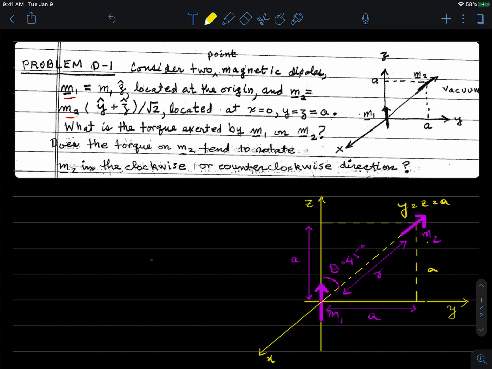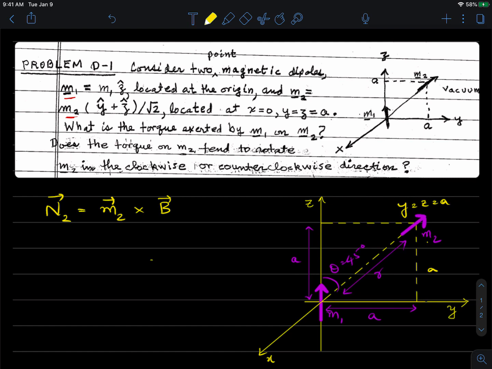So to find the torque on m2, basically torque on m2 is equal to the cross product of the dipole moment of m2 with the magnetic field on m2.